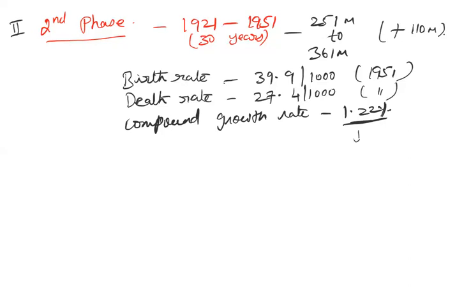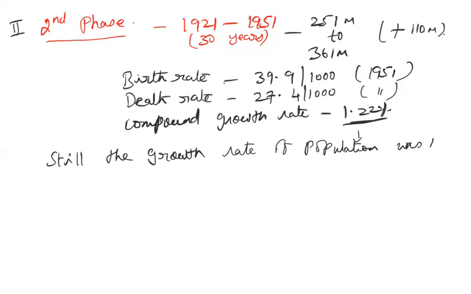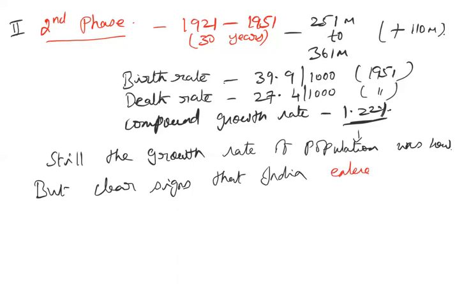So this shows that the growth rate of population was still low, but there were clear signs that India entered into the second stage of demographic transition.